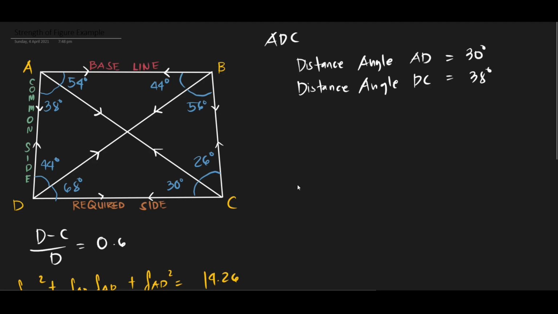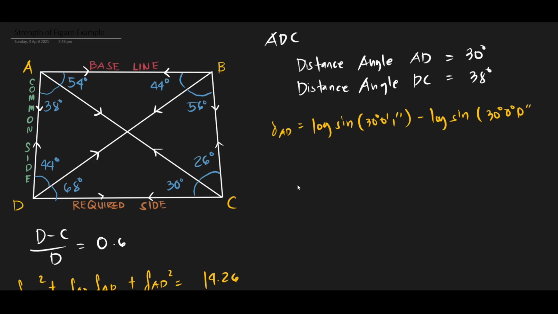So let's calculate the log sines again. So delta AD will be log sine of 30 degrees, 0 minutes, 1 second minus log sine of 30 degrees, 0 minutes and 0 seconds.